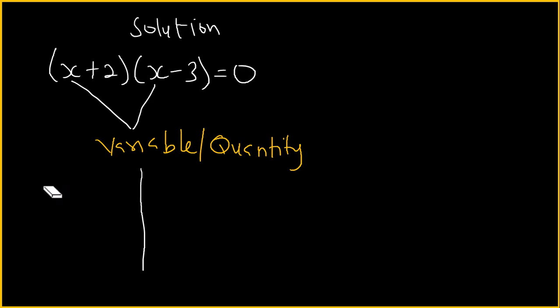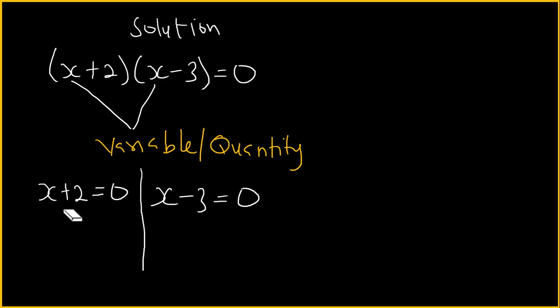The first factor is x plus 2 equated to 0. The second factor is x minus 3 equal to 0.